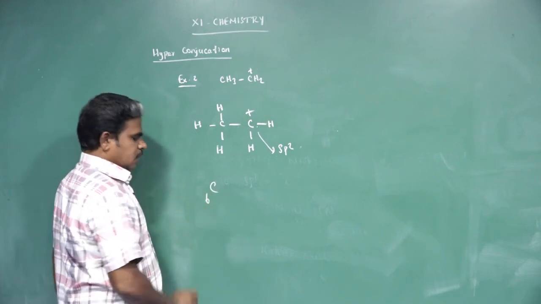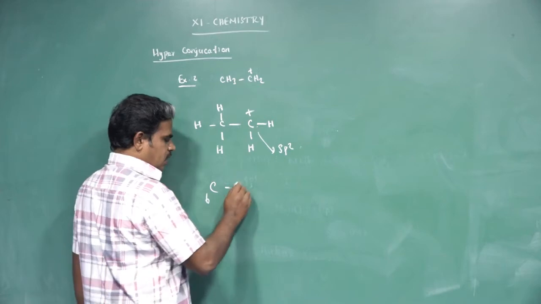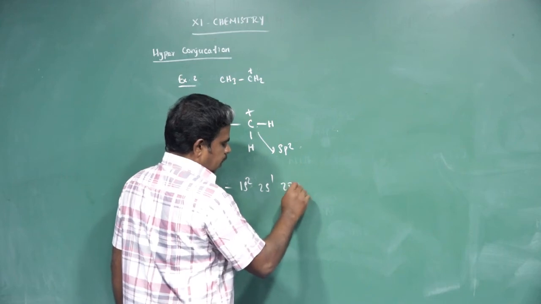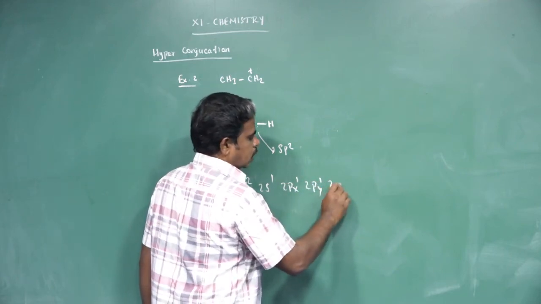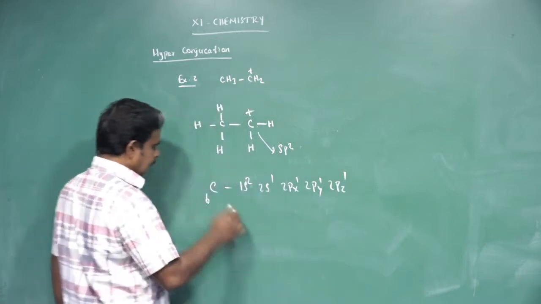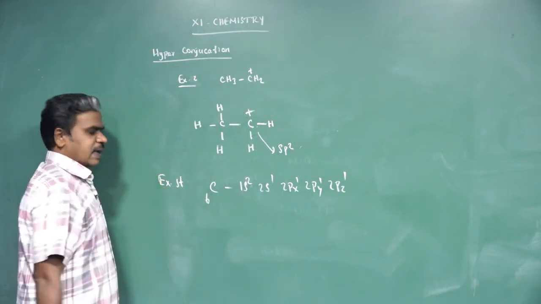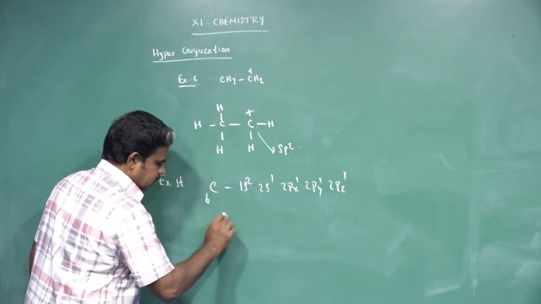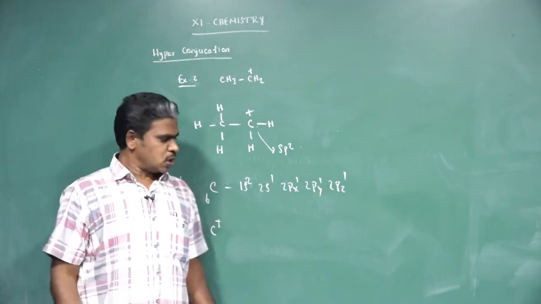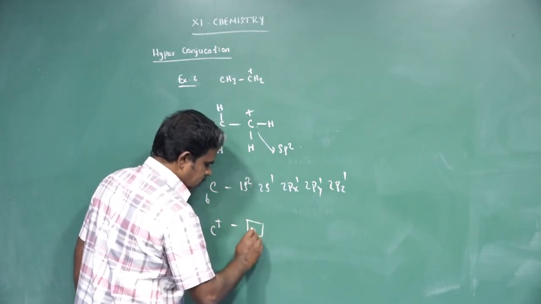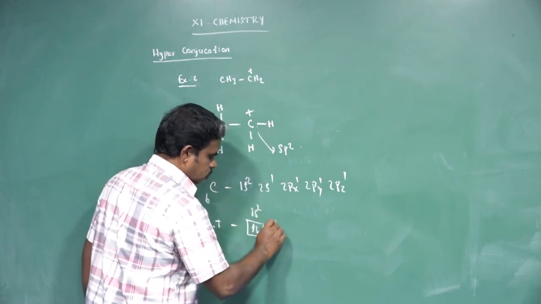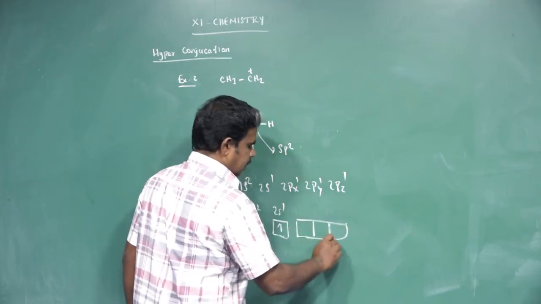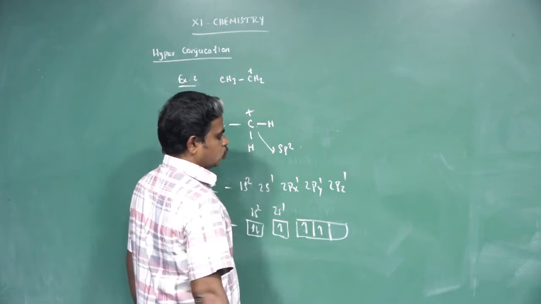Now we may take this sp2 hybridized carbon, this carbon. Suppose we take carbon, atomic number 6, and its electronic configuration is 1s2, 2s1, 2px1, 2py1, 2pz1. It is in the excited state, so the valency will be 4. Now carbon is getting a positive charge, so one electron will be lost. So we are getting here 1s2, 2s1, and the 2p orbitals, here 2px1 and 2py1.